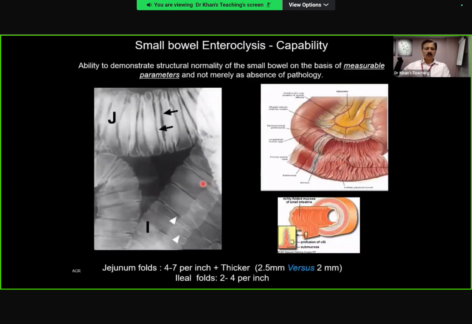So if you just concentrate on this concept, which is a very important exam concept: on this spot film of small bowel enterocolysis, you can see that these are the jejunal folds. Now, this black thing here is the valvula conniventes, and this is the space in between.